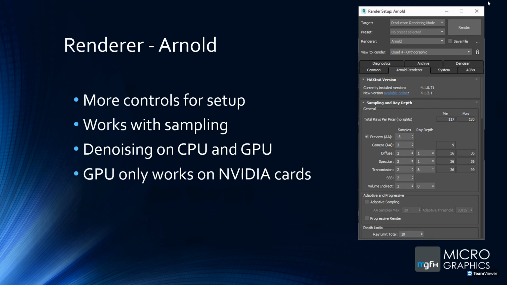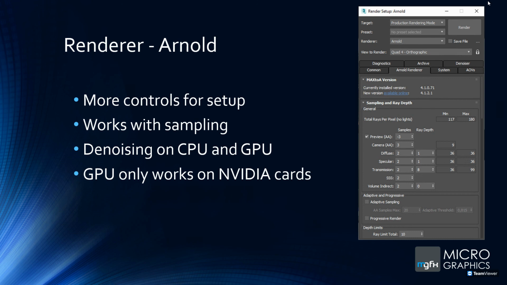It would increase your diffuse, specular, and transmission sampling. Once you start to get used to what causes the noise, whether it is diffuse, specular, transmission, or subsurface scattering, you can just increase what needs to be increased. The more you increase those numbers, the longer it's going to take to get to the end result, so you've got to try and find a balance.